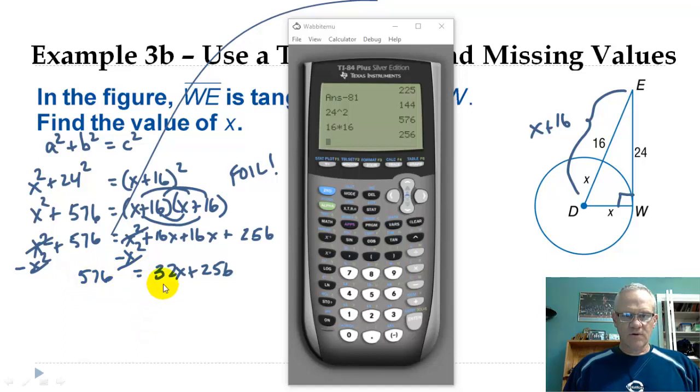Okay. Since this is being added, I'm going to subtract it. And so I've got what? 576 minus 256. And so that looks like 320.